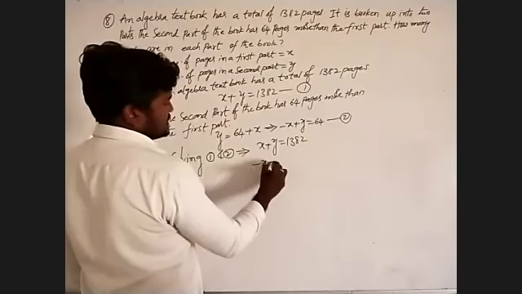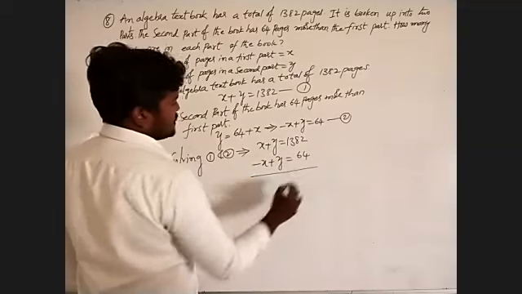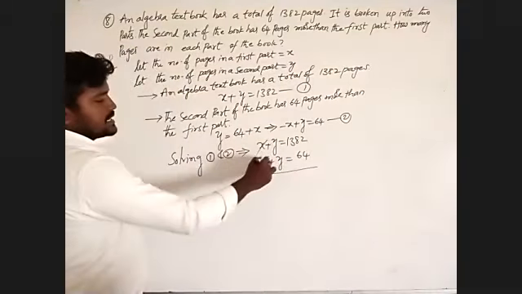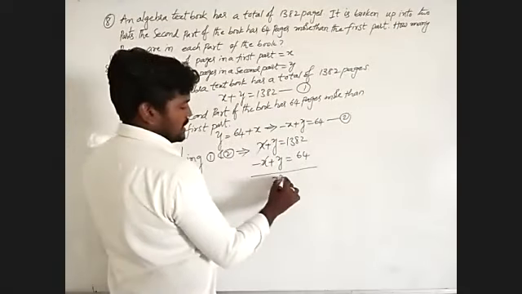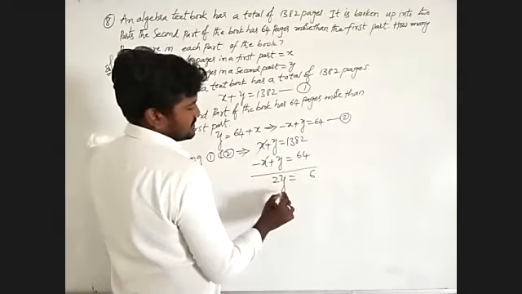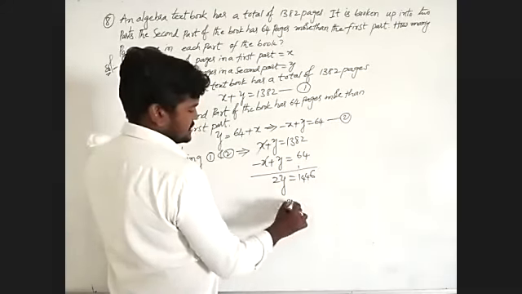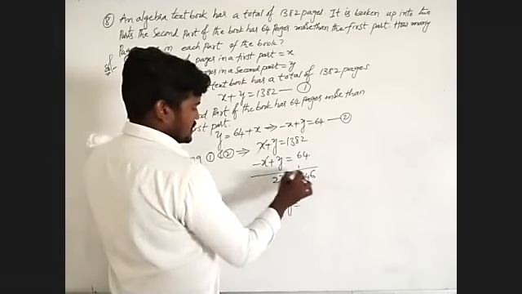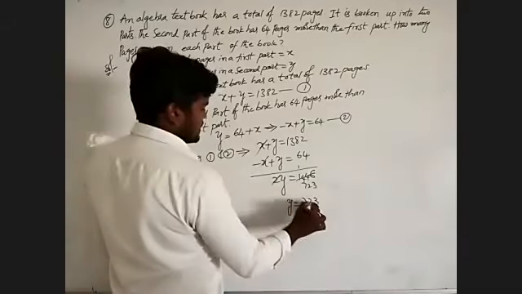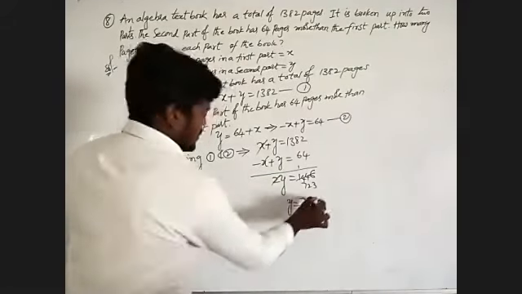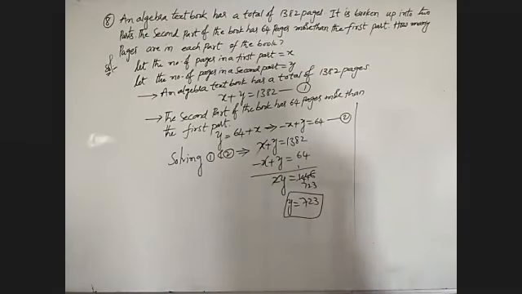After that, equation 2 is minus x plus y equals 64. By adding, plus x and minus x cancel. y plus y becomes 2y is equal to 1446. So y is equal to 723, which we put in equation 1 or 2.